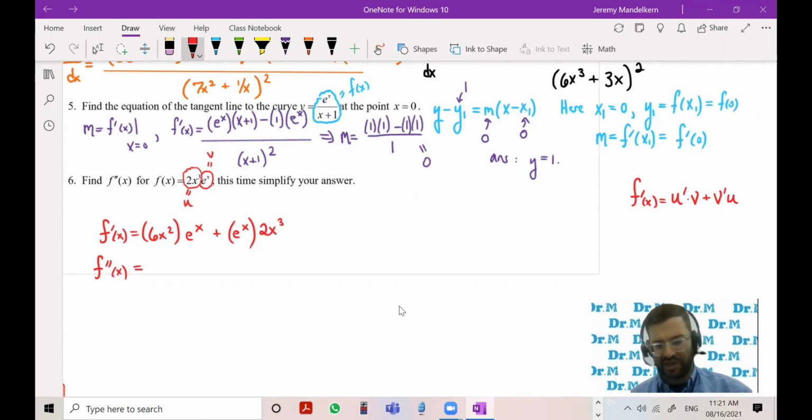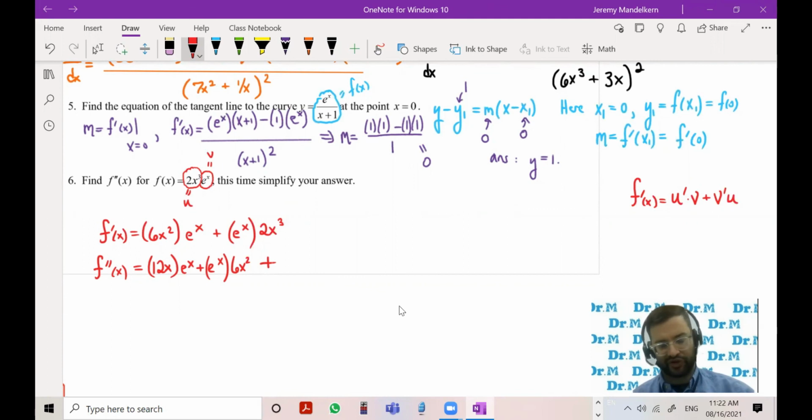Perhaps you can do this mentally in your head. Let's give it a shot. The derivative of the first function is 12x, multiplied by the second function, plus the derivative of the second function multiplied by the first. Now that's just the derivative of the first term in f prime. So now we need to add, and we go around again.